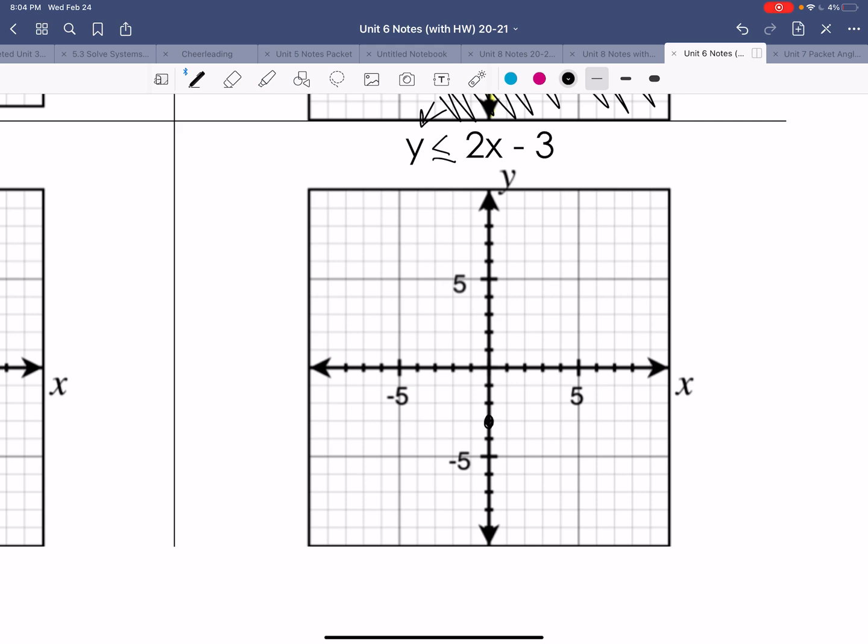So our line is the same here. We have the same y-intercept, same slope. Because here it is a less than or equal to, I'm going to have that solid line. Okay, so here is my solid line.